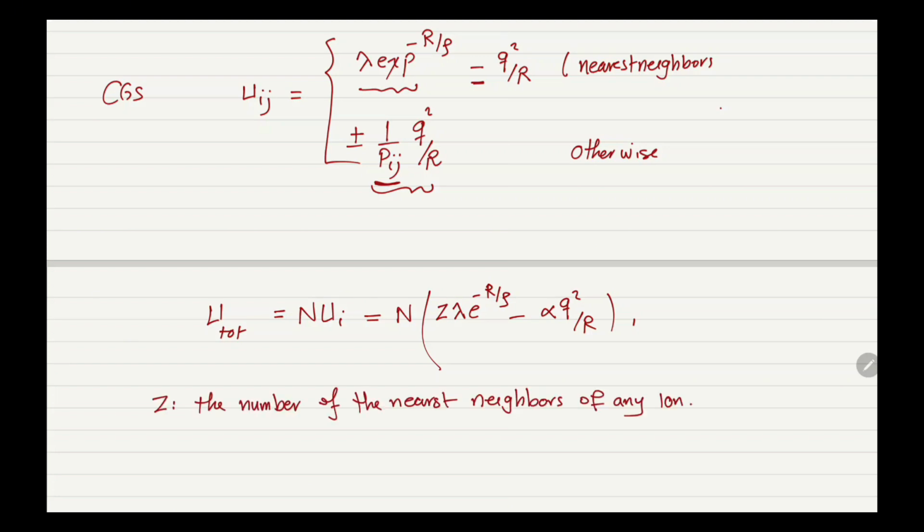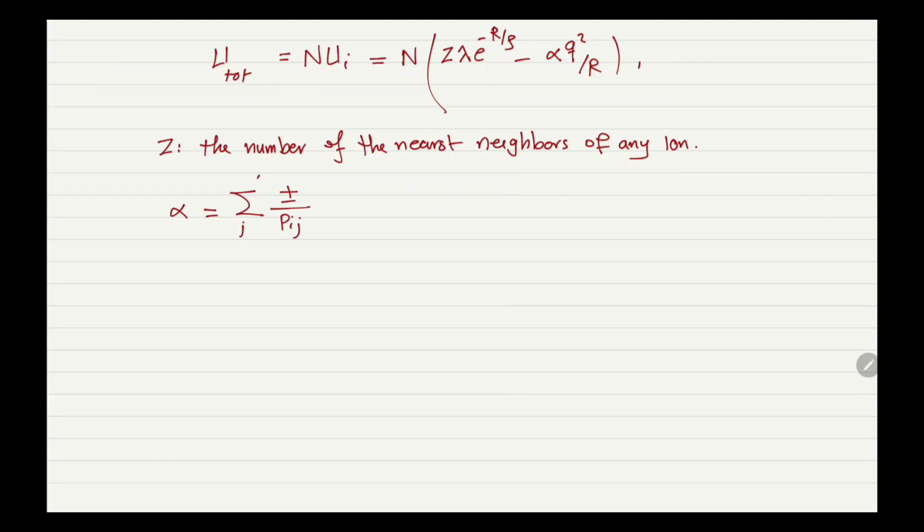And alpha is the Madelung constant, which is equal to the summation of plus or minus divided by the position p_ij over R. Remember, the sum should include all nearest neighbor contributions, which is just Z, and we already discussed the plus and minus signs. So the value of the Madelung constant is of central importance in the theory of ionic crystals.